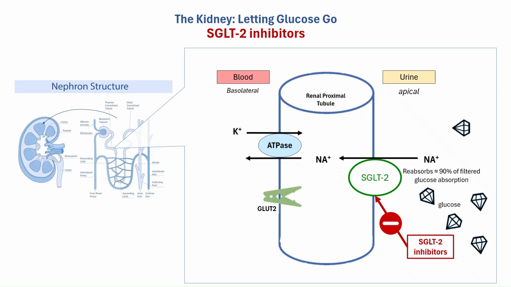No beta cell stress. Just less glucose in the blood. The result: lower glucose, modest weight loss, and reduced blood pressure. And remarkable cardiovascular and renal protection. Sometimes, the best solution isn't using glucose better. It's getting rid of the excess entirely.